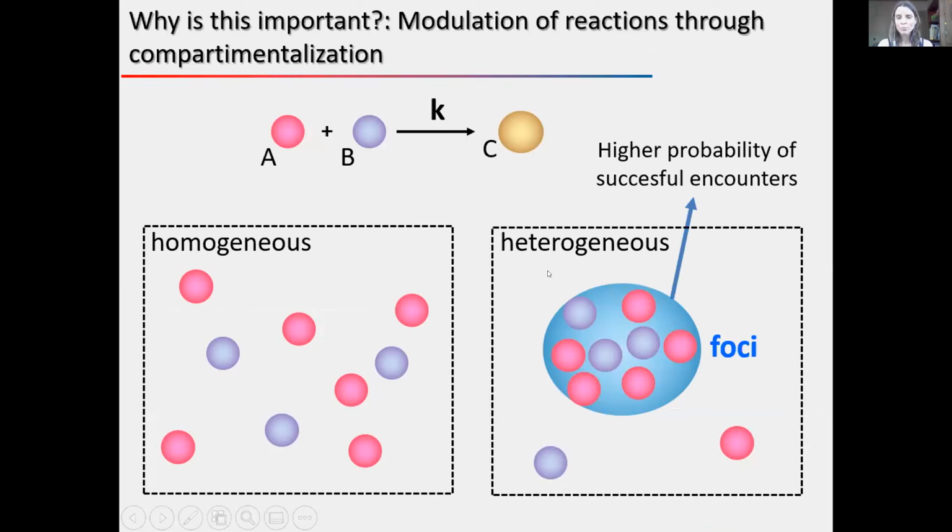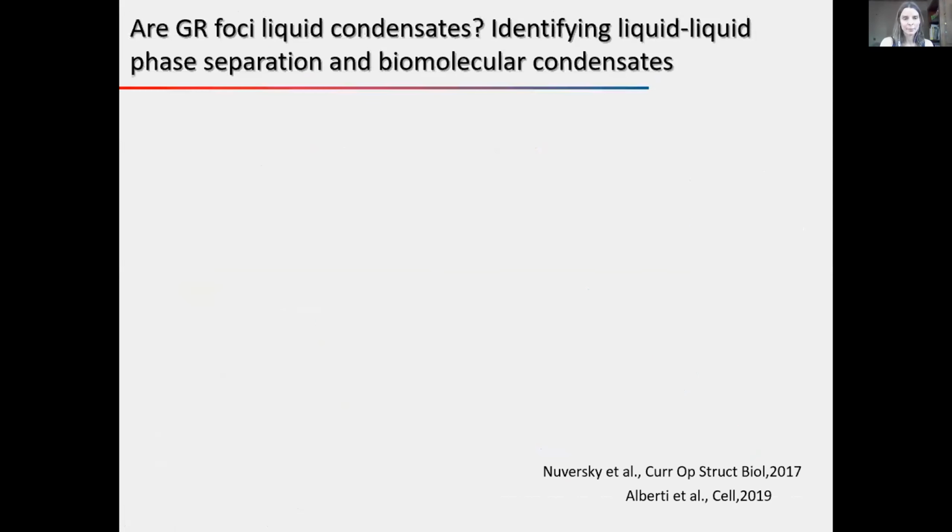However, if all molecules are concentrated, for example, in this foci, you probably have a higher probability of successful encounters. So the speed of the reaction in here will be different from the speed of the reaction in here. So compartments can modulate the speed of reaction. The formation or disappearance of this compartment can affect the speed of reactions.